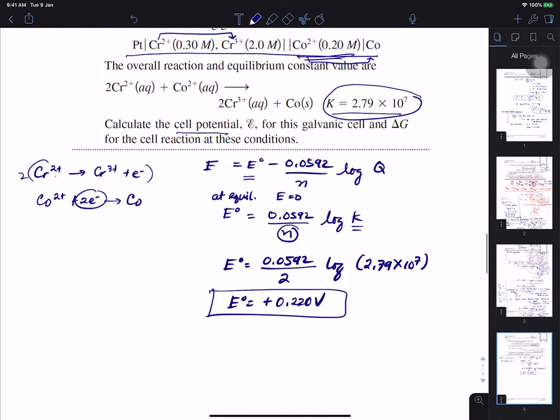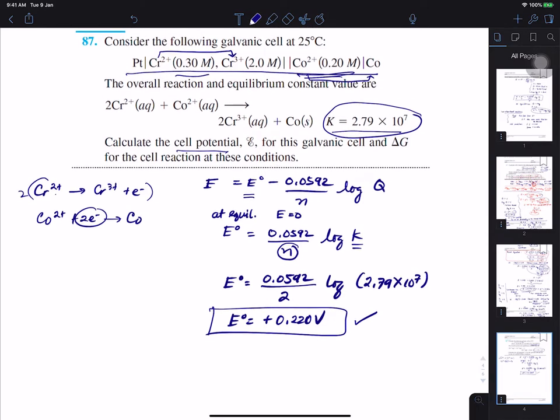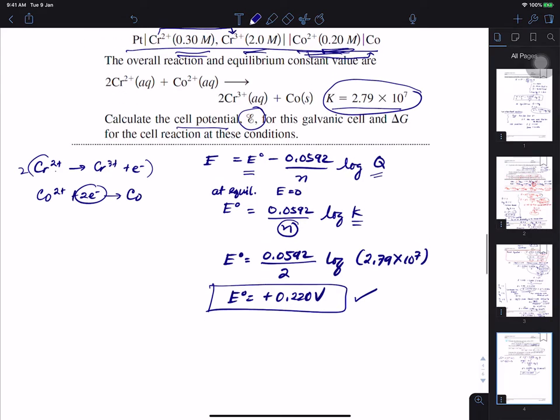Now that we have the E naught value, and look at these conditions here, definitely non-standard. We have a Q value, so we can compute the E value.